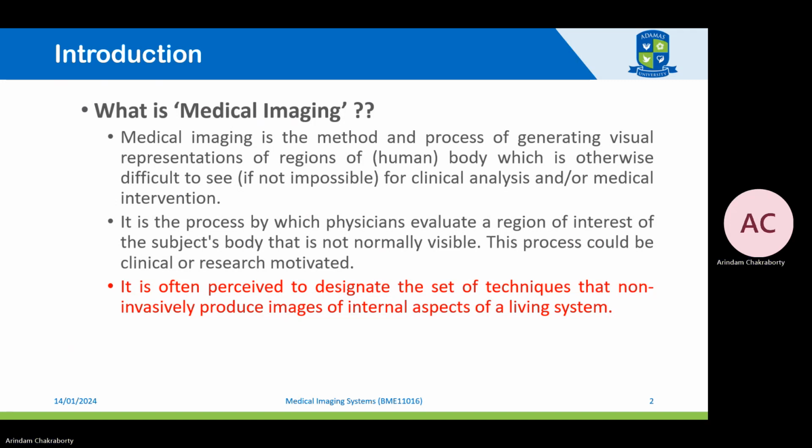To define it, medical imaging is the process which can produce a visual representation of the internal regions of a living system, here the human body, which is difficult, if not completely impossible, for a normal person to visualize with the naked eye for clinical as well as medical interventions.